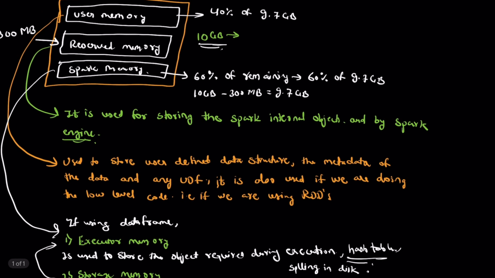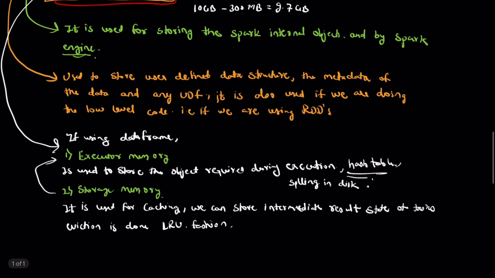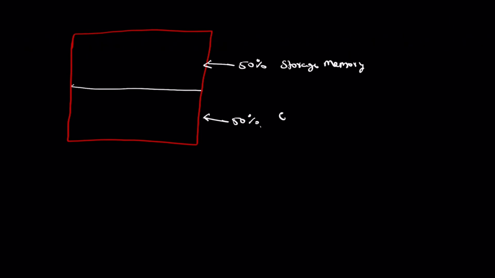So now we will be looking inside of Spark memory. So this is the Spark memory, and by default, it is 50% for the storage memory, and 50% for executor memory.